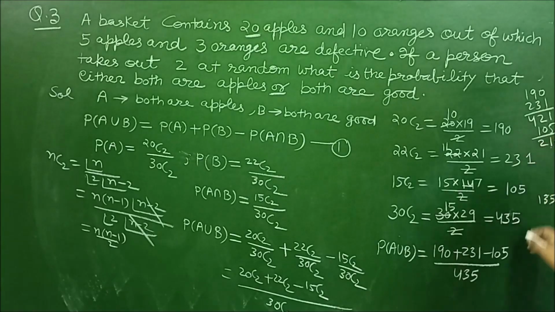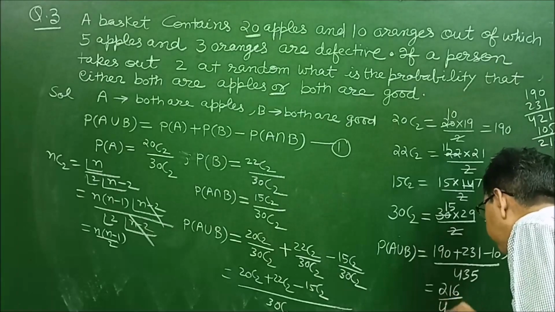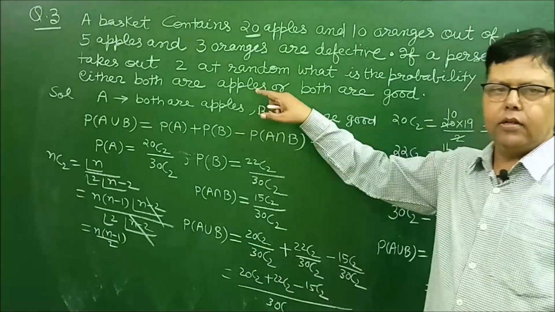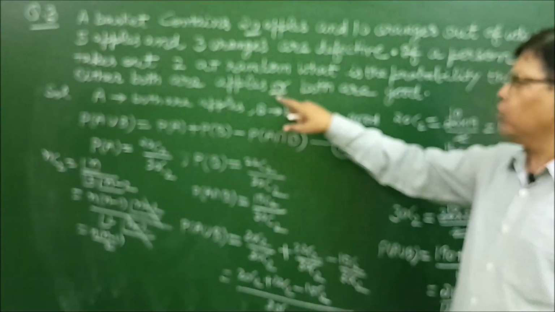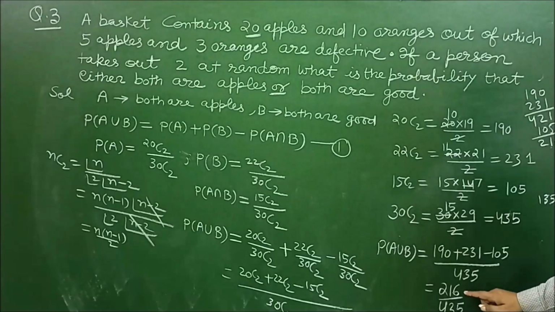So this is equal to 216 upon 435. So probability of selecting either both are apples or both are good is equal to 216 upon 435.